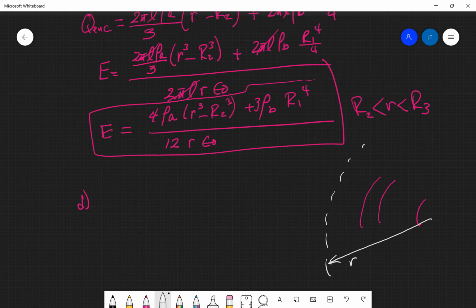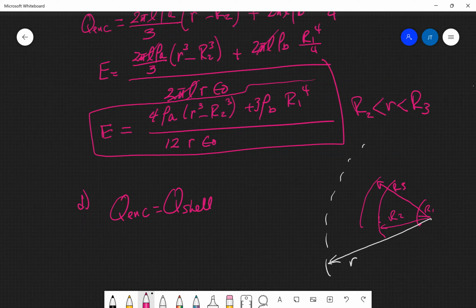So the Gaussian surface has R. That's R1. That's R2. And this is R3. So now, Q enclosed is the whole shell.